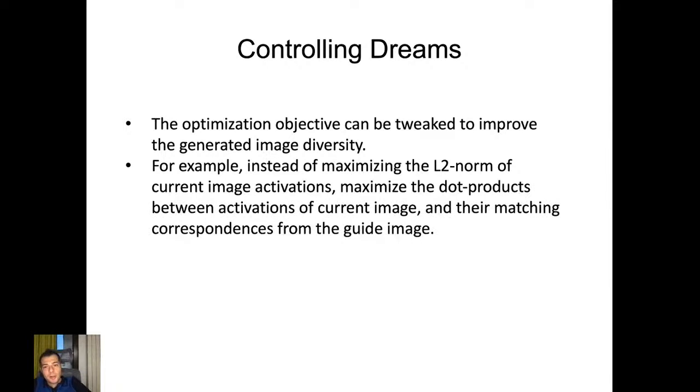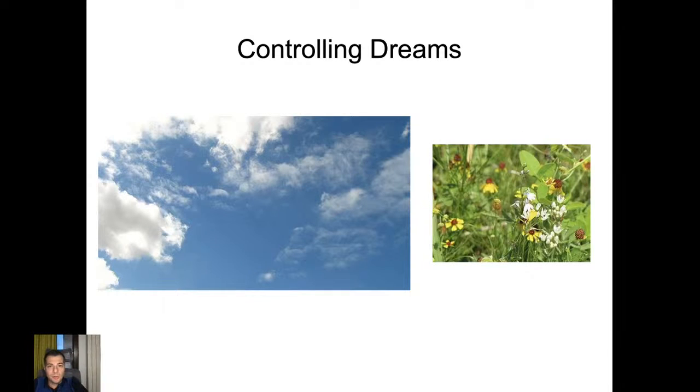They can also modify the objective to make sure that the generated image has more diversity, so it doesn't have a preference to, let's say, add patterns of chickens. Just make sure that it tries to add more diverse patterns. This can be achieved by maximizing the dot products between activations of the current image and their matching correspondences from a guide image. So you can add another guide image to the process in order to control the dream.